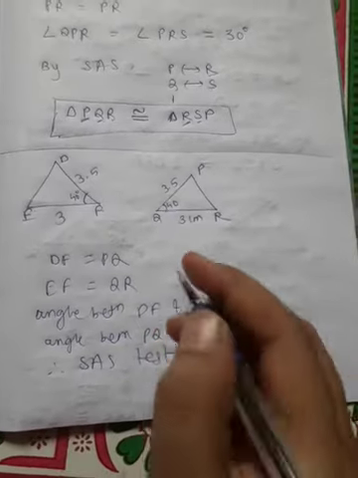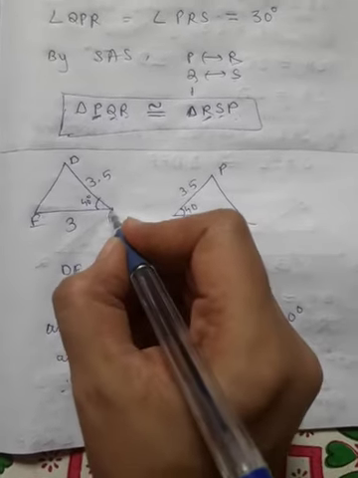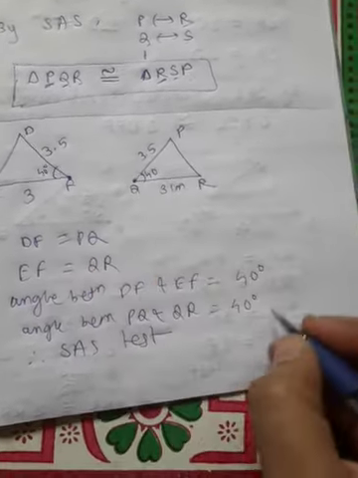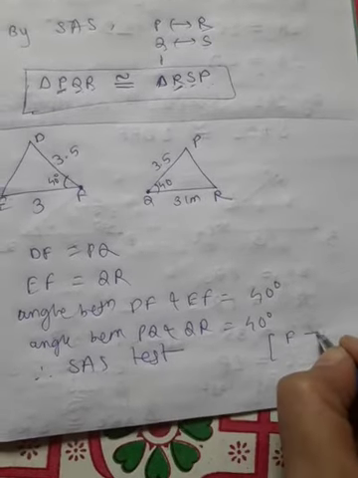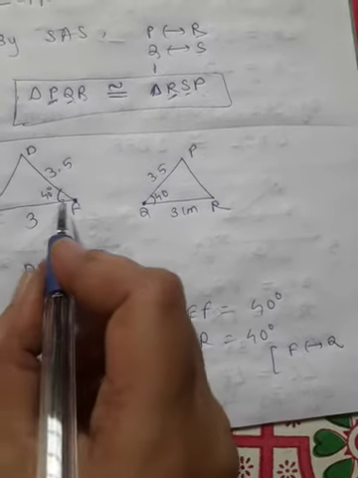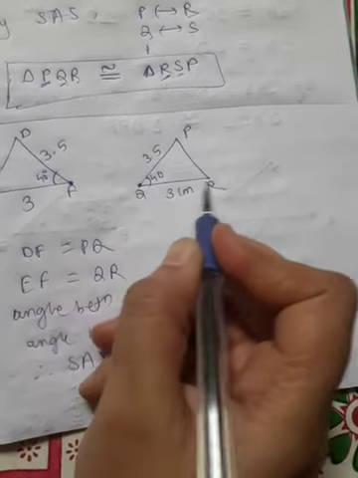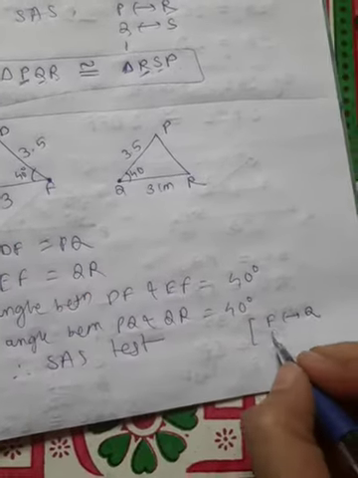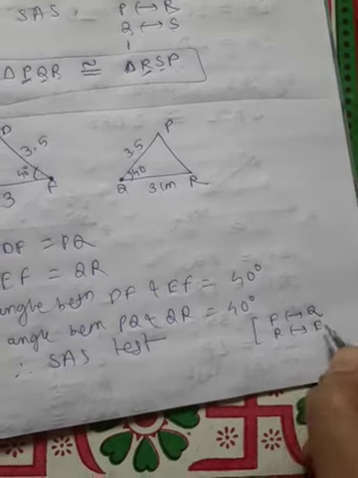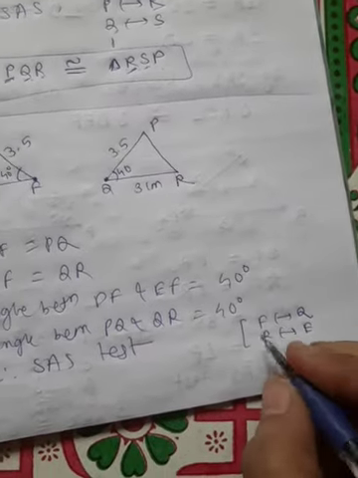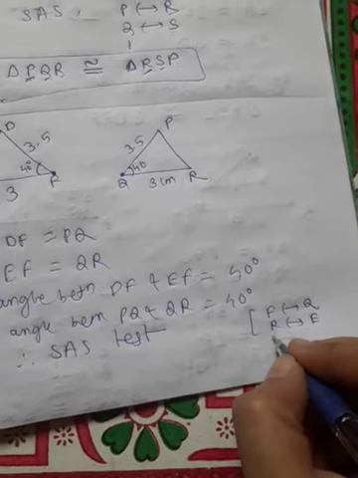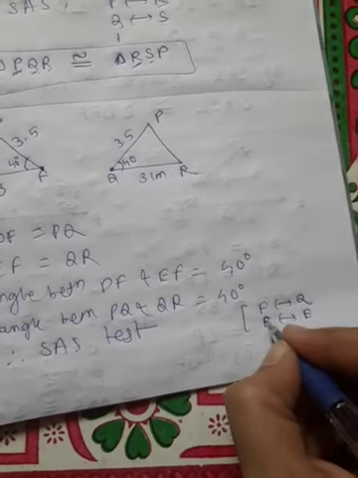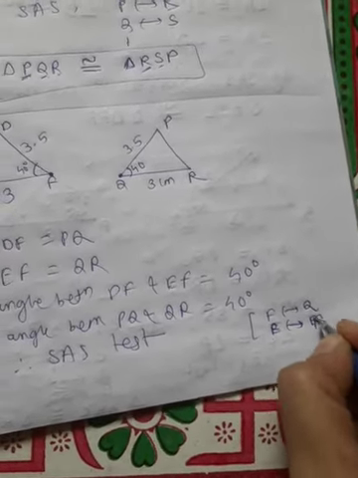But check the order. See here, F corresponds to Q, then as F corresponds to Q, R must correspond to E because 3, 3. Okay, R must correspond to E. And now remaining what? Sorry, E corresponds to R. Okay.